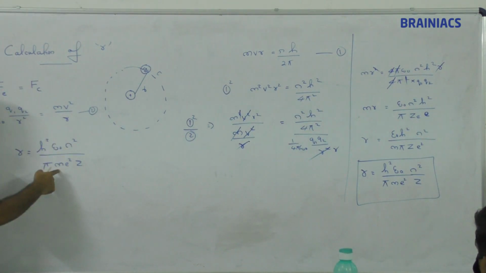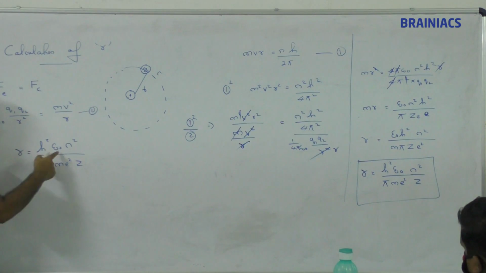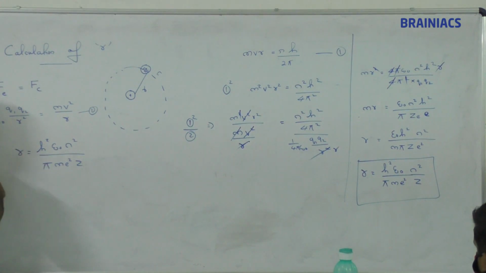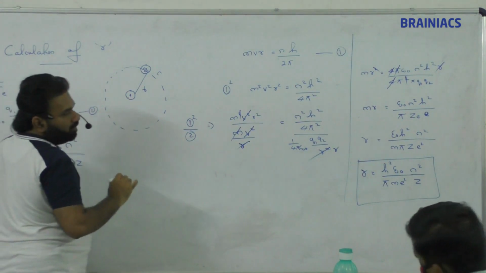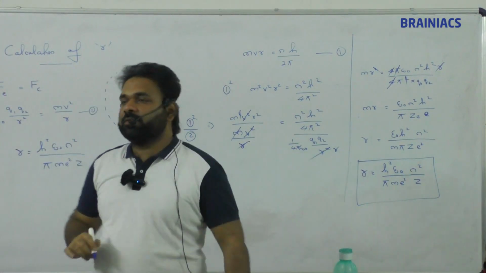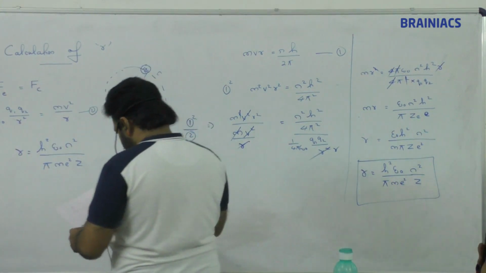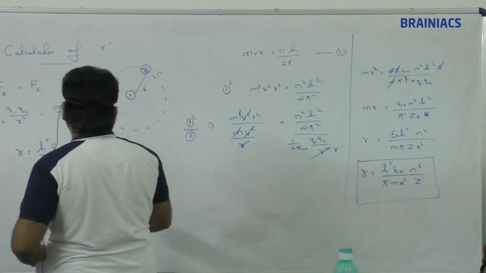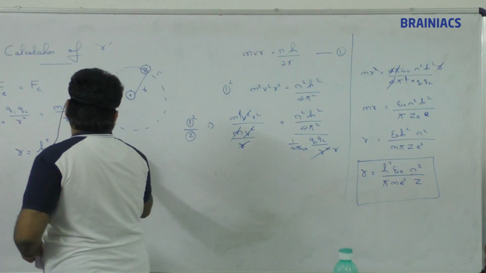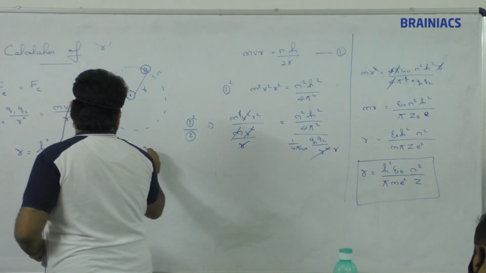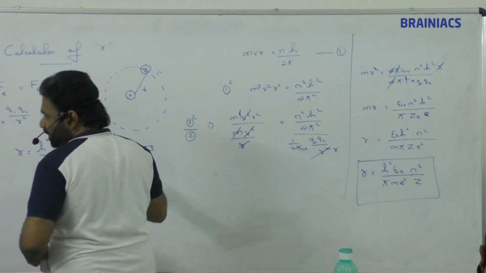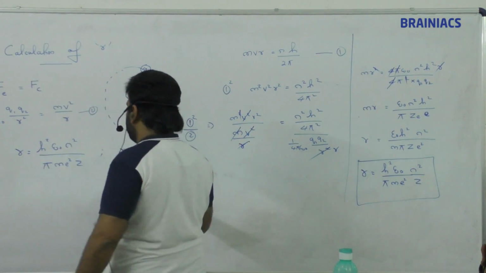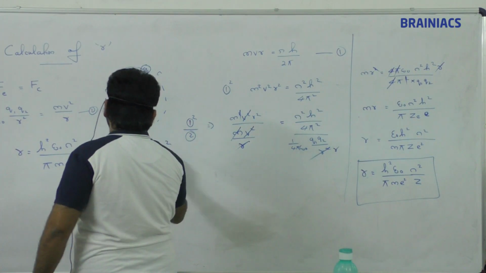So that is also constant, h is also constant, epsilon naught is also constant, pi is also constant. So everything we will substitute, finally you will be getting a simple value for radius is equal to 0.529, will take 0.53 into n square by z.